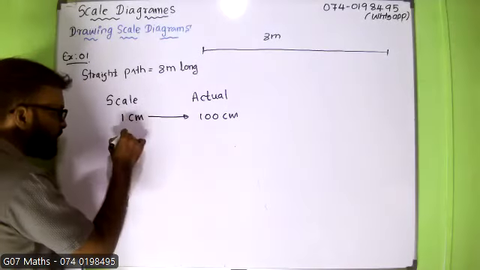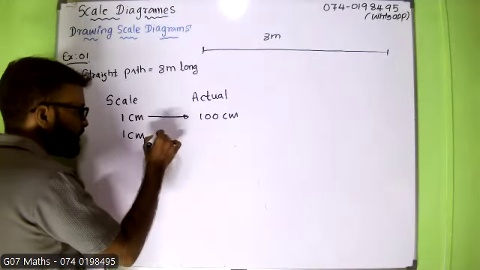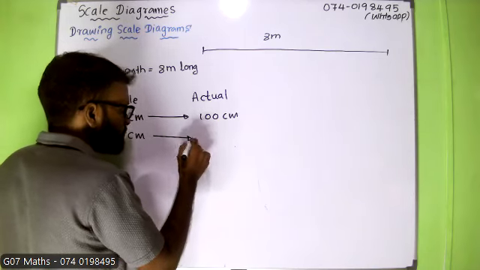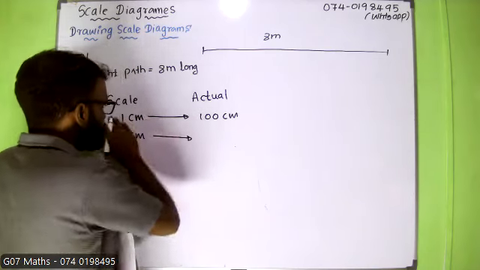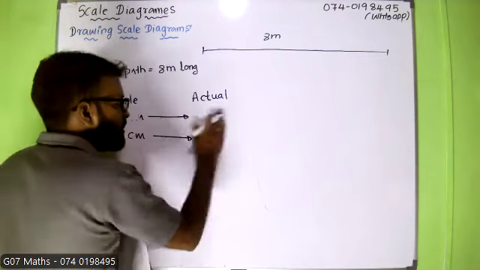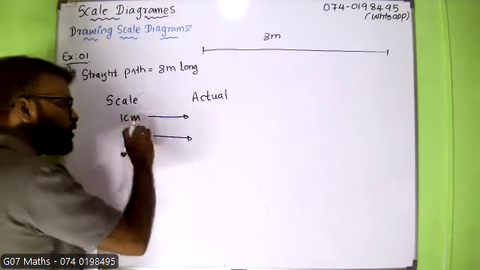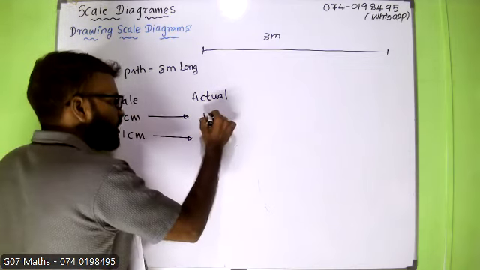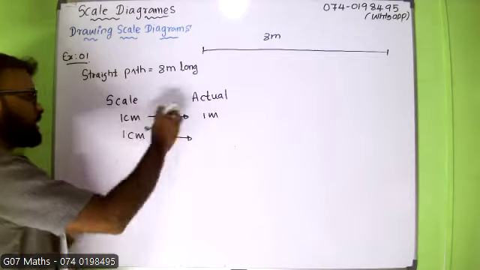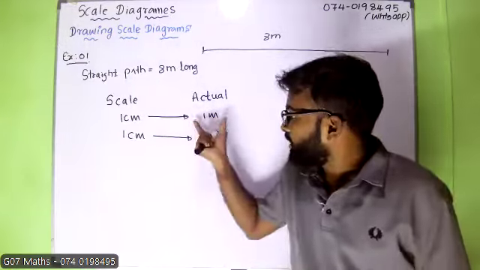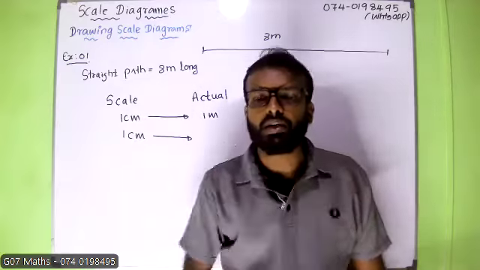So you can write 1 centimeter. Wait, the other way around. By using 1 centimeter, you are going to represent 1 meter. So this is your scale. You are going to represent 1 meter by using a small 1 centimeter.